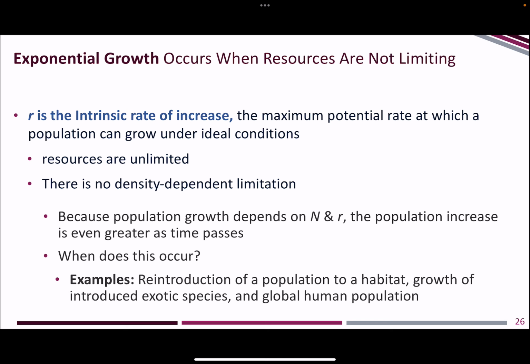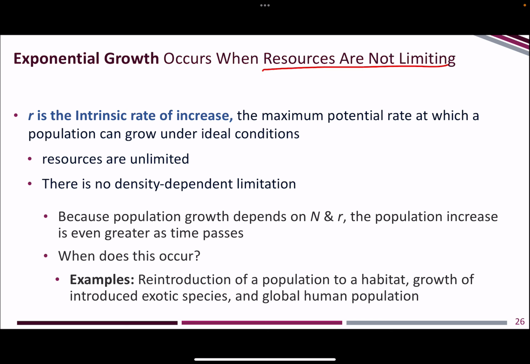So just keep that in mind, that if we were looking at real populations, what we would probably see is a fluctuation and a general trend that we sort of infer on top of those fluctuations. So we're going to start out talking about the exponential growth rate. So exponential growth happens when resources are not limiting.